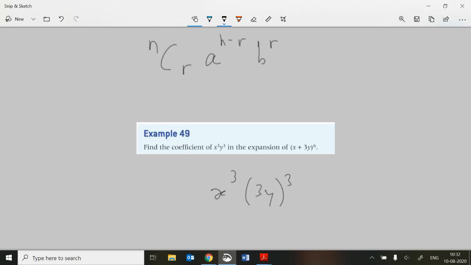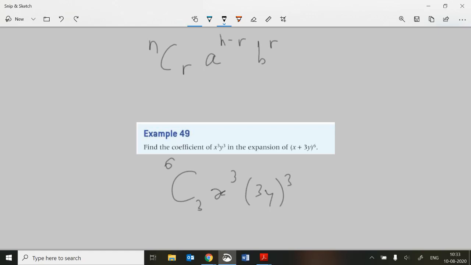So that's the term in the middle when we're equating it to this thing up here. Hopefully you should all see this fairly quickly, that we've got 6 terms, n is 6, and in order to get x cubed, we'll need to have a 3 there for r, because that's going to give us n minus r being equal to 3, but also we need a 3 there as well. So that's the term that we need.